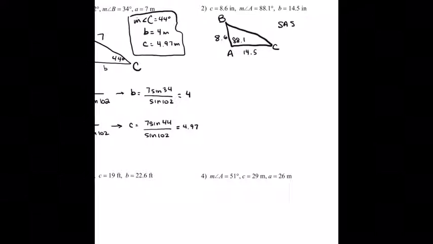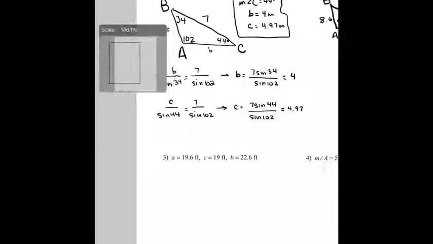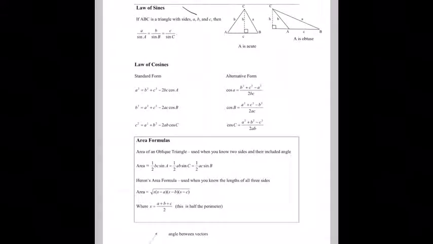And let's see. Law of cosines, there's 3 versions of it. And we only know one of the angles. We only know angle A. So we've got to decide which version of this to use.